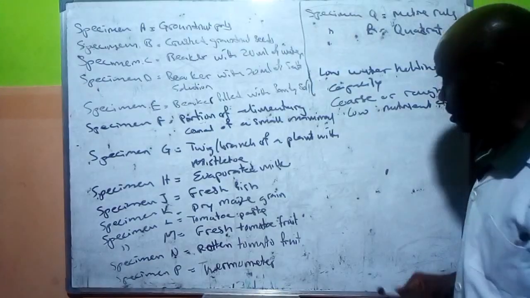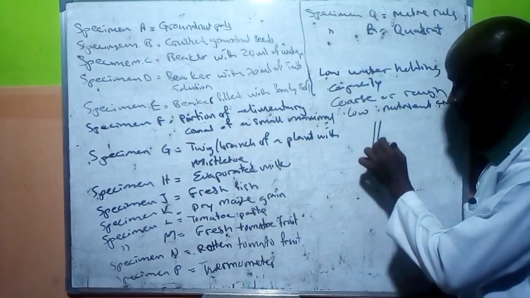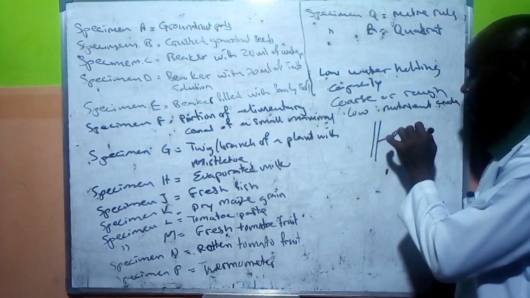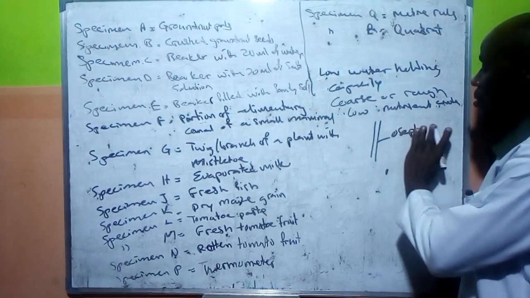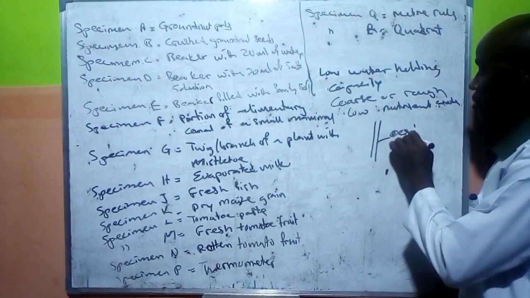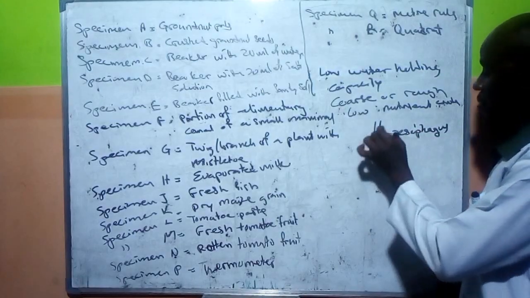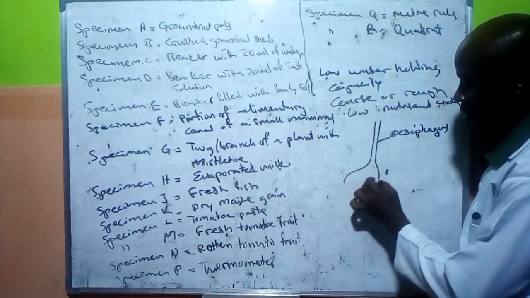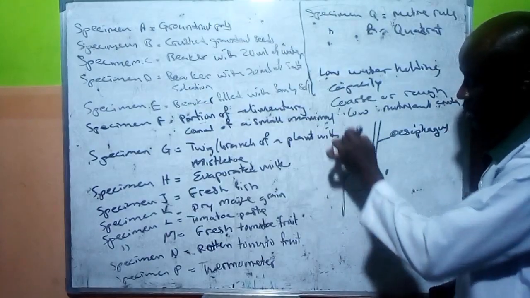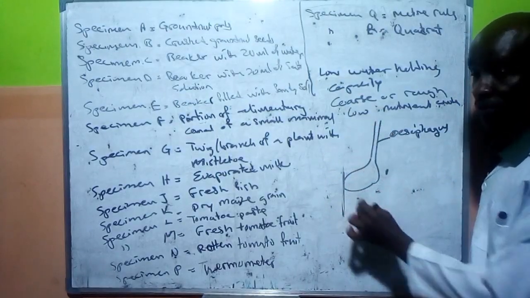So we're going to stop at the stomach only. This is the stomach that looks like this. The end of the stomach is somewhere around here. So we are dealing with whatever we have here.